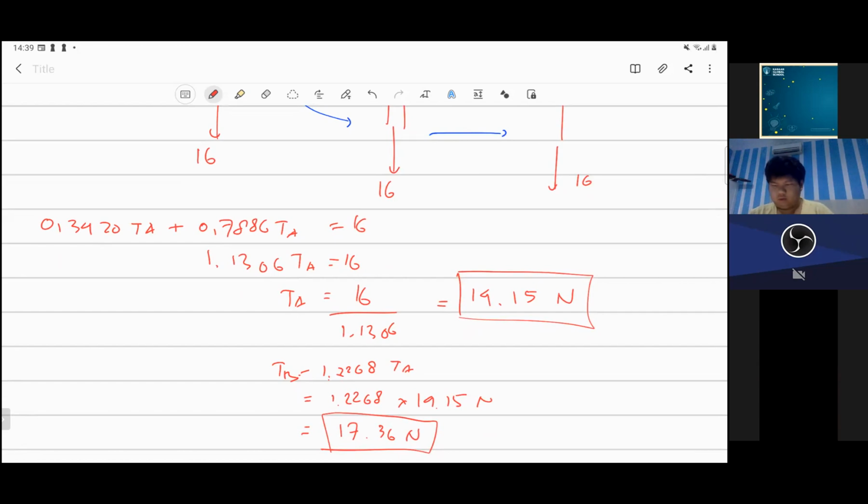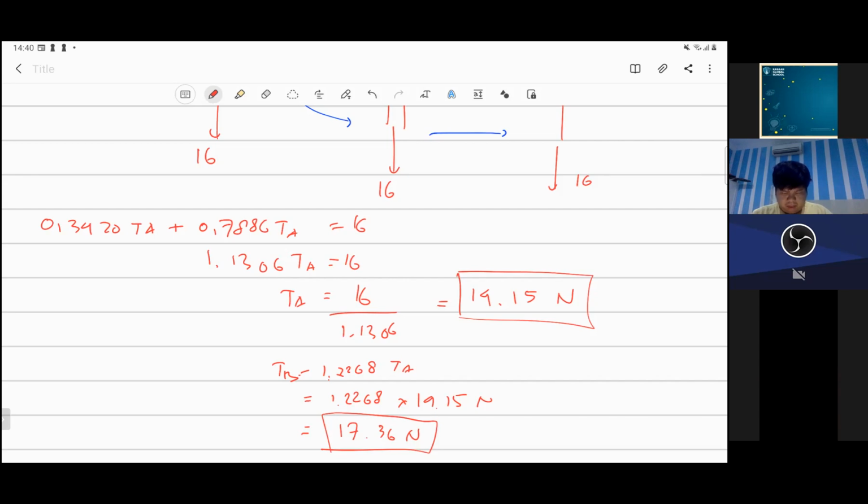Sir, the tension, does it always have to be 4 decimal places, not for degrees? Oh, no. Usually they want 3 decimal points unless otherwise stated.